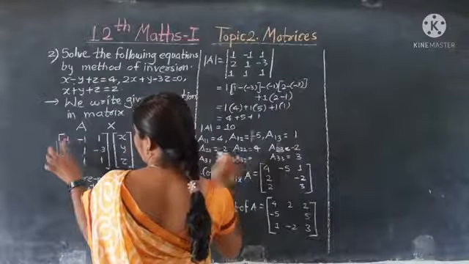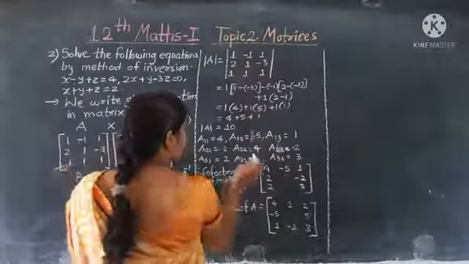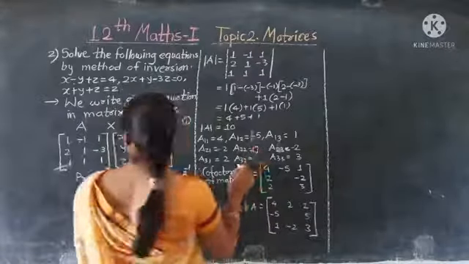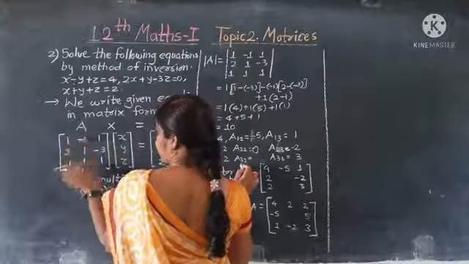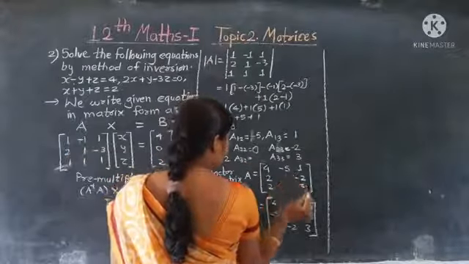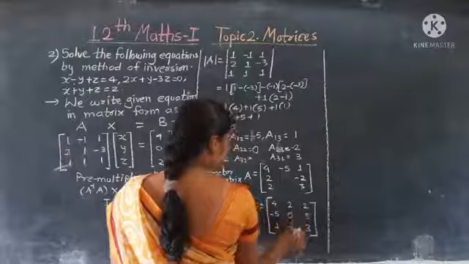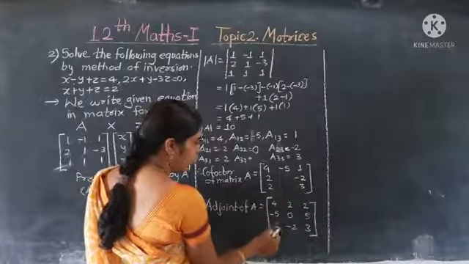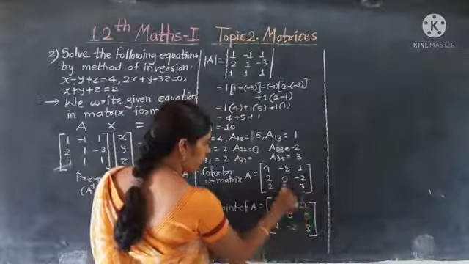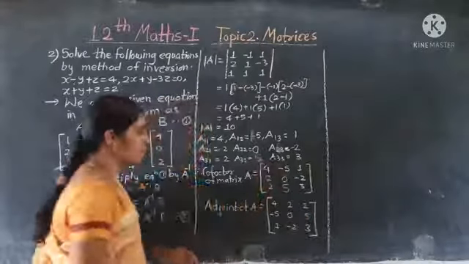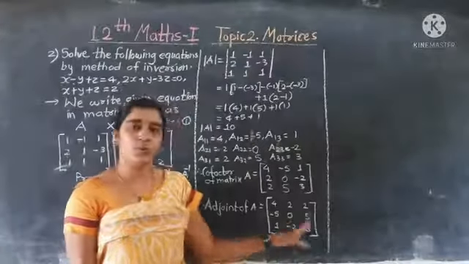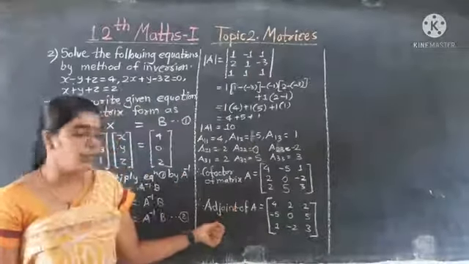You neglect this row and column: 1 1 1 minus 1 1 1, it is 0. And A32 is this element: minus 3 minus 2. Here 0 is there. 4 minus 5 1, 2 0 minus 2 and 2 5 is here. Minus 5 0 5, 1 minus 2 3. We get this adjoint of A.